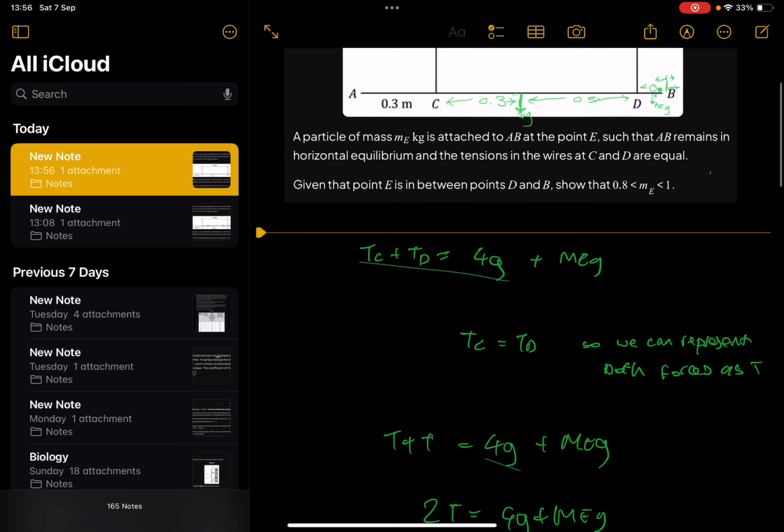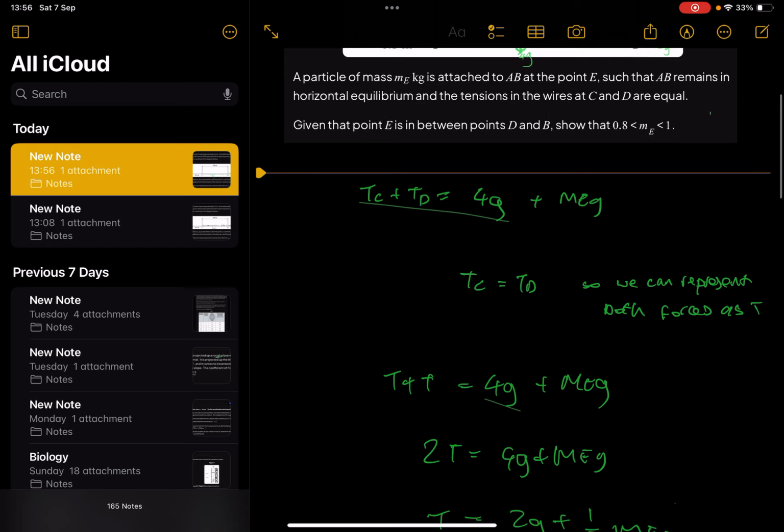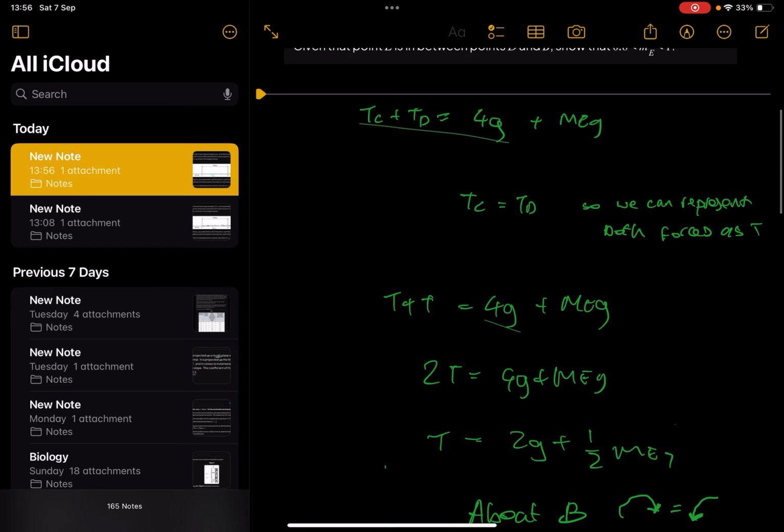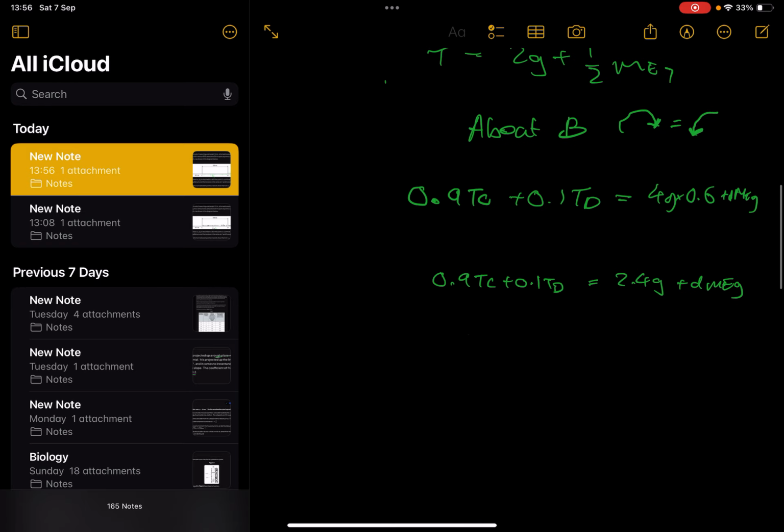And now that tension, we can represent both forces as T. So 0.9T plus 0.1T equals 2.4g plus dmg. So T equals 2.4g plus dmg.